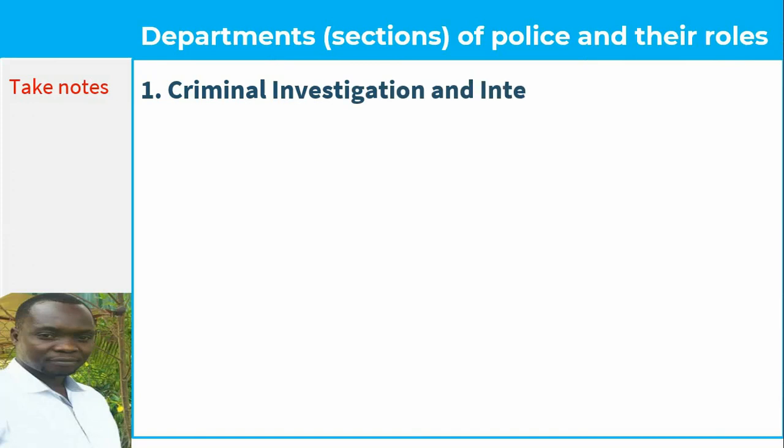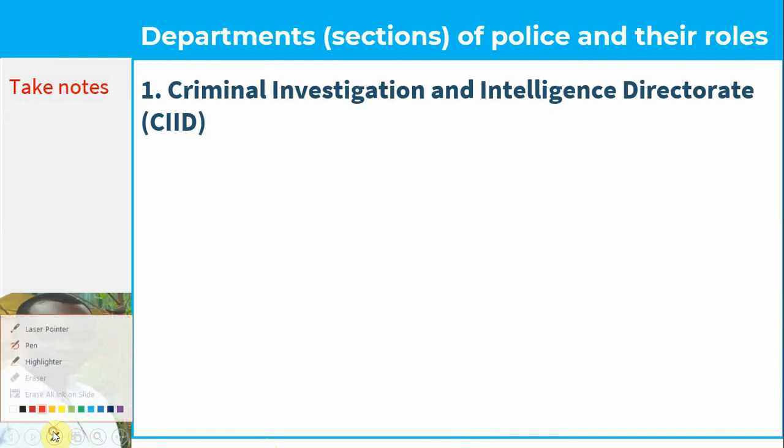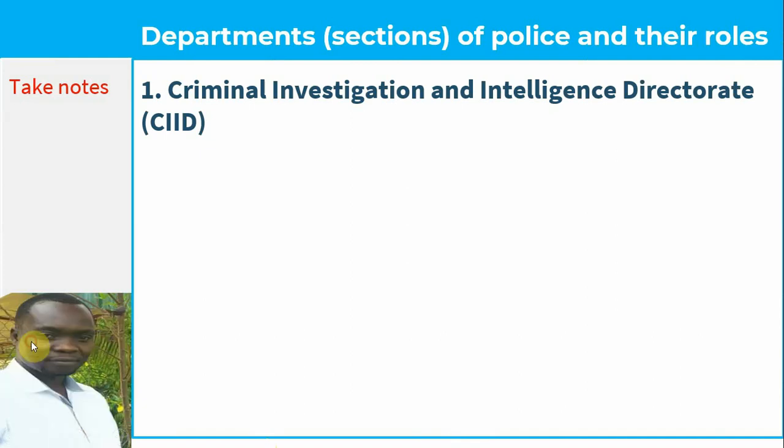So we are going to start with the Criminal Investigation and Intelligence Directorate. In short, it is CIID. Now, I would like to emphasize a few things here. First of all, the first I is investigation.